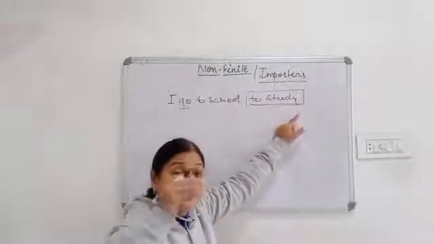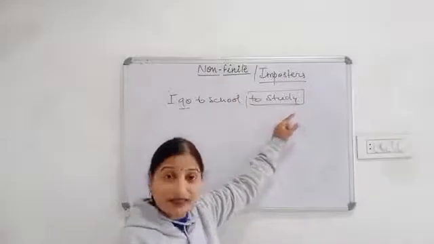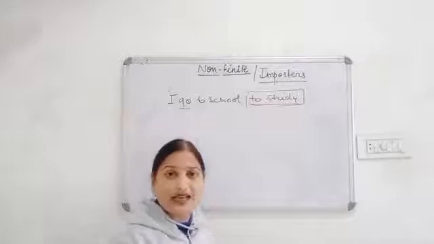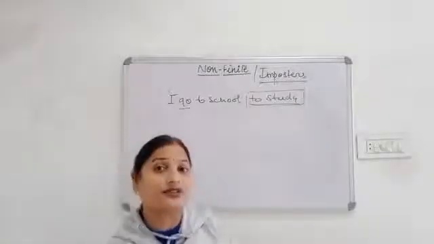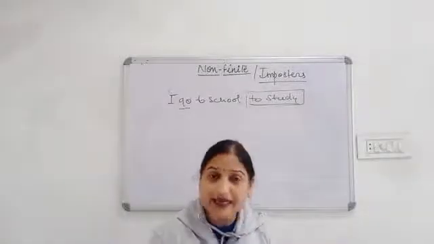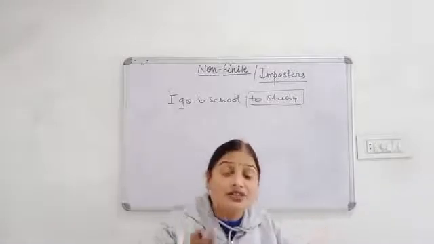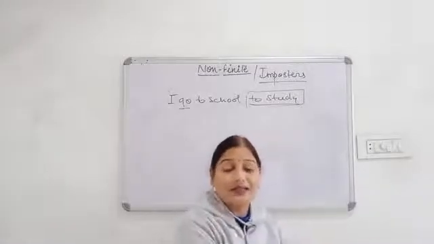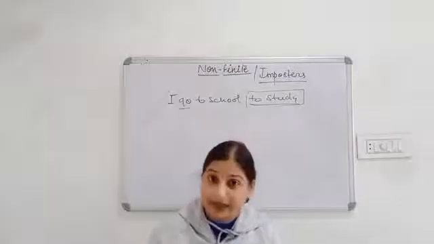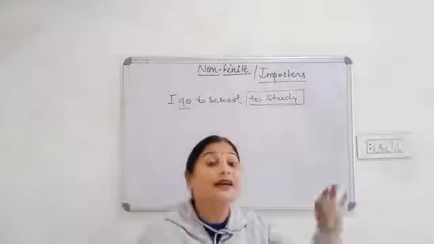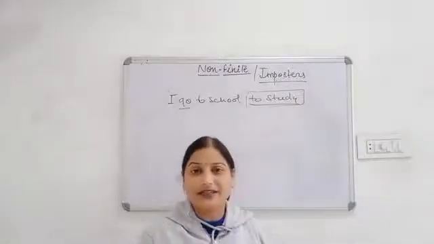Definitely it suggests an action, but this is not a verb, and hence we can call it an imposter. The meaning of imposter is something which tries to look like something, but actually is not. A word that tries to look like a verb, but actually is not a verb.